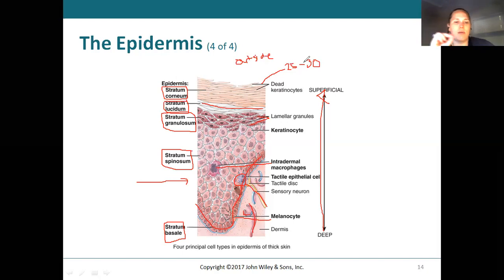I'm not quite sure if there's a way to come up with a mnemonic device to keep each one of these straight. I guess it would be BSGLC, if you were going to do some type of mnemonic device. It might be worth creating one of those just to prompt your memory on the test to be like, oh, what's the order from deep to superficial?